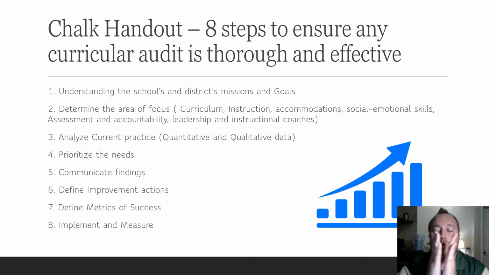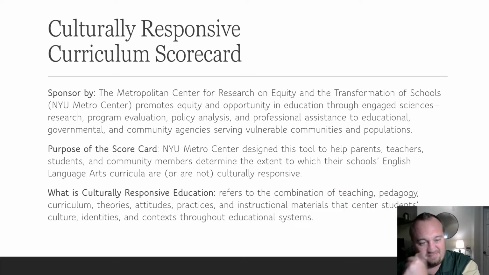What is going to be your criteria of mastery? How will you know that your action plan is going to be a success, is going to drive that student data? Then you're going to implement and measure your new data through your curriculum audit to see that you achieved better results. And that is the Chalk curriculum audit checklist.